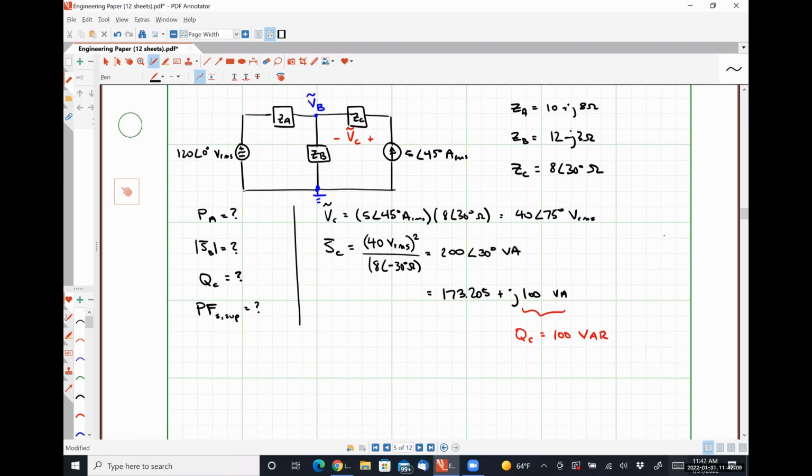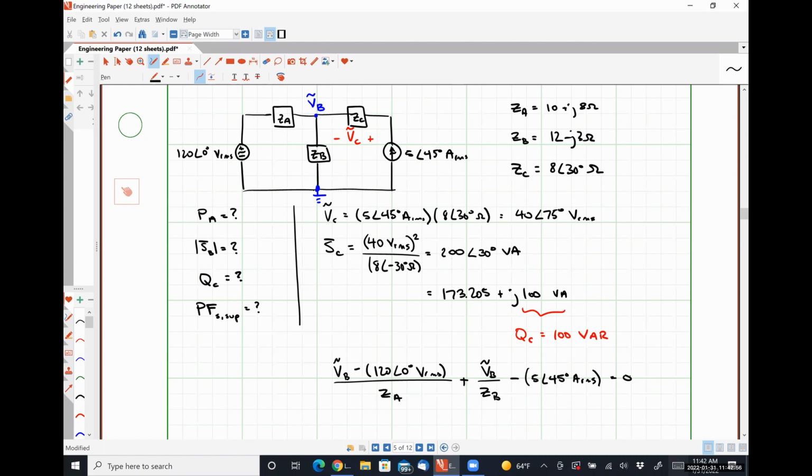I can see that (VB minus 120 angle 0 degrees volts RMS) divided by ZA, plus VB divided by ZB, minus 5 angle 45 degrees amps RMS is equal to 0.